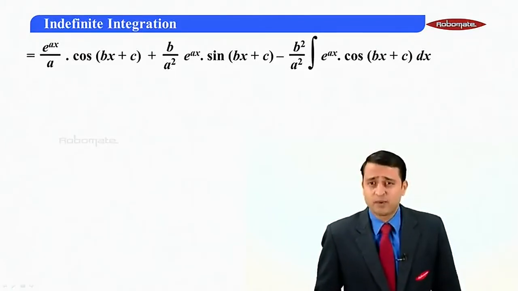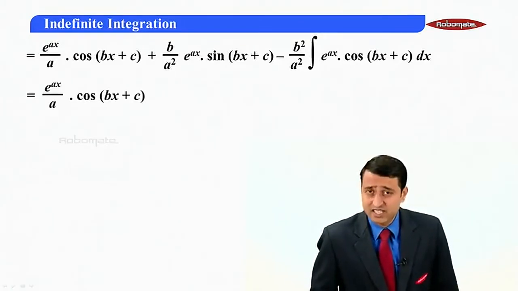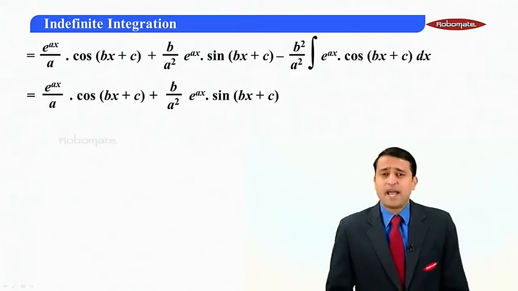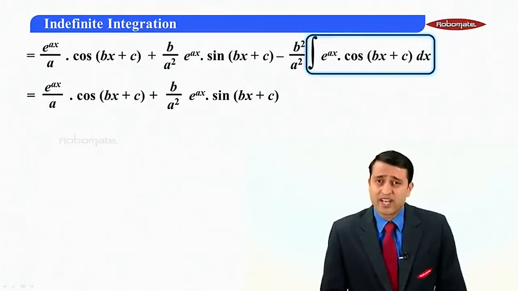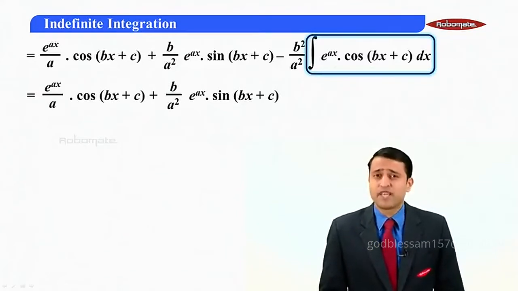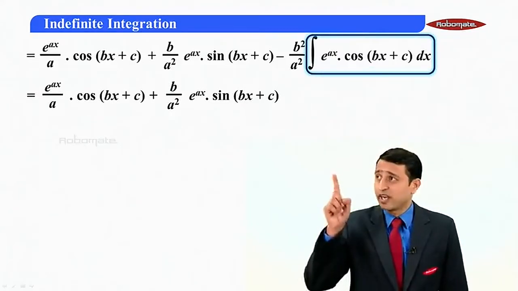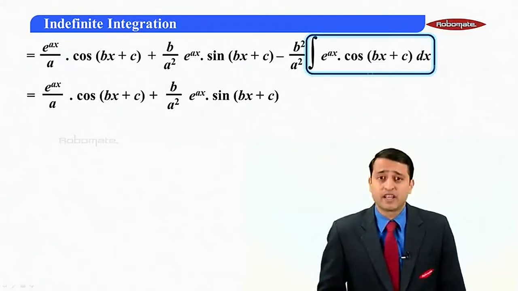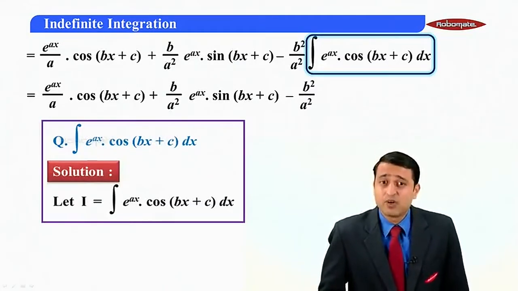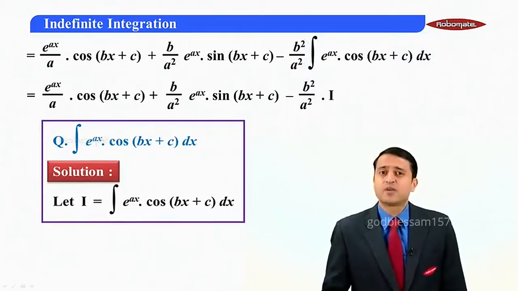E raised to ax upon a cos of bx plus c is as it is. B by a square e raised to ax sine of bx plus c is as it is. Now minus of b square by a square into integral of e raised to ax cos of bx plus c. Now my dear students, you can understand that particular integral there. Here what we can say is it is nothing but equal to I. So can I say it is equal to I?